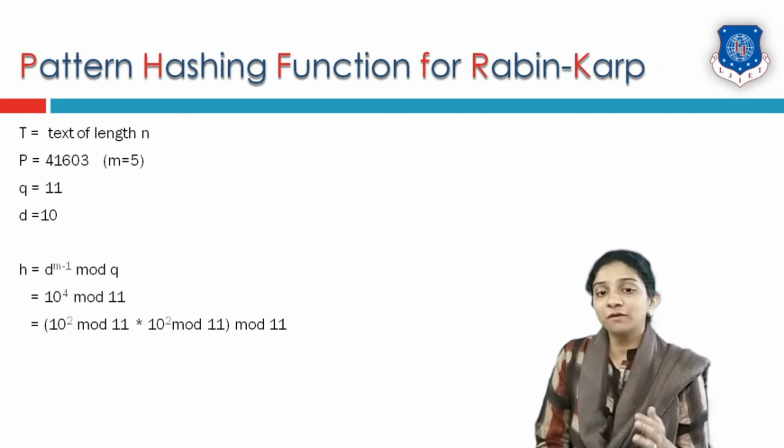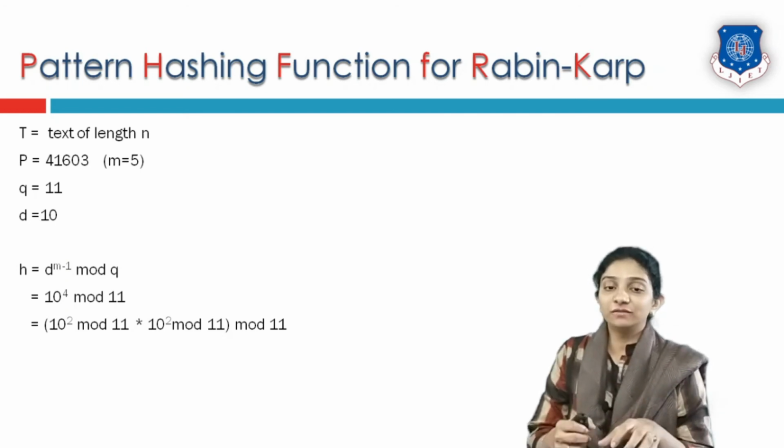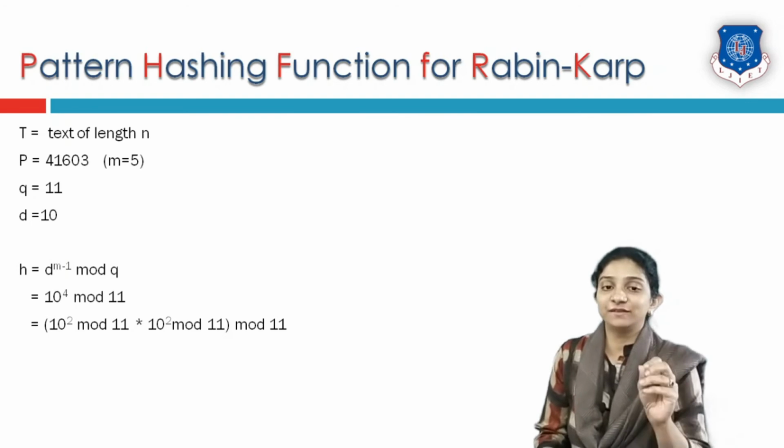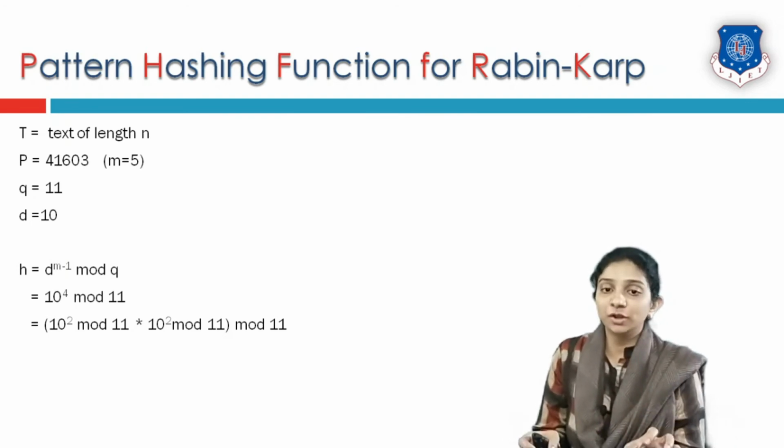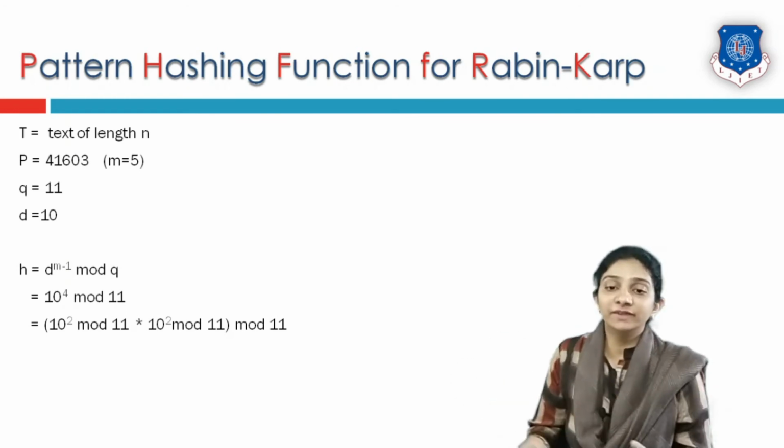So instead of 10 raised to 4, I will break this term up as 10 raised to 2 into 10 raised to 2. I will take their individual modulo, multiply, and again take the modulo of the number.